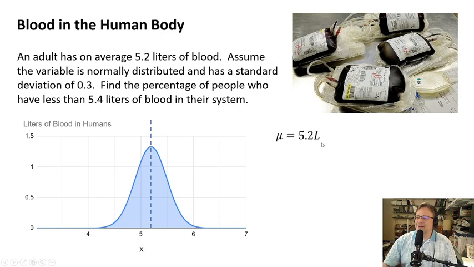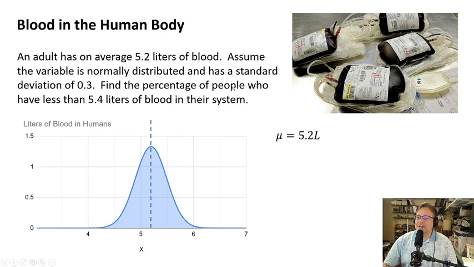So here is the center of the distribution, 5.2 liters. Some people have more, some people have less, but it's centered pretty much around 5.2 liters. It's normally distributed, so it has this particular shape, and it has a standard deviation of 0.3.